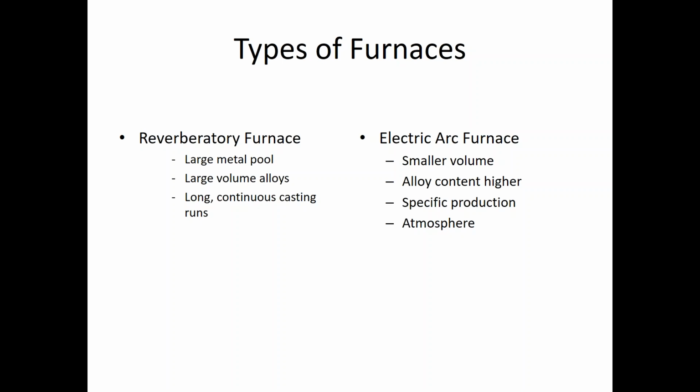However, electric arc furnaces, because of controls and availability, are more popular than ever as we are presently moving forward. They're smaller volumes, but they come in different sizes. The alloy content is generally higher. Brasses, bronzes, copper nickels, and so forth are melted in these type furnaces.